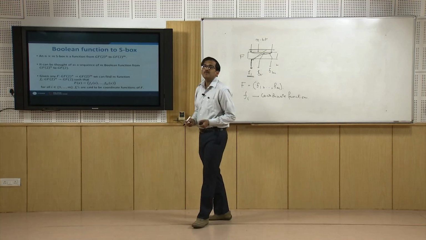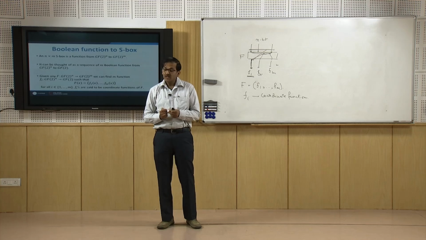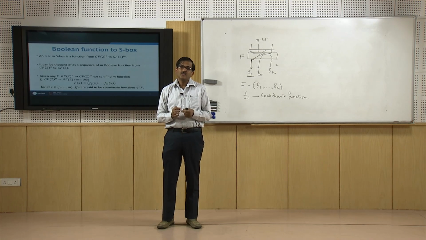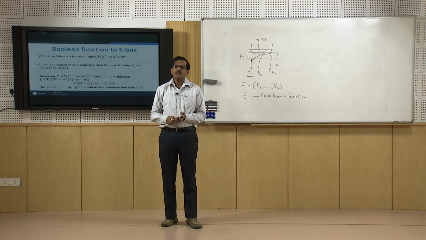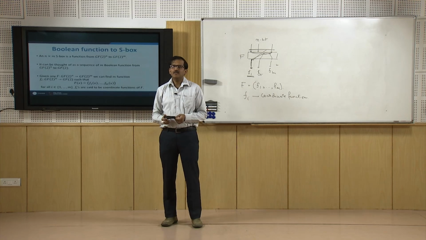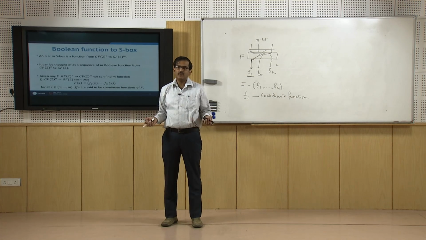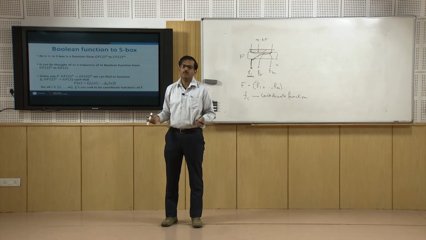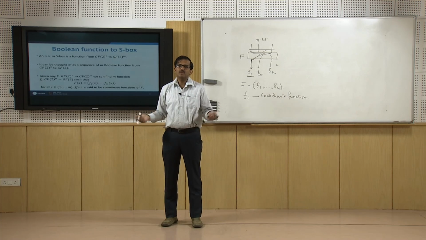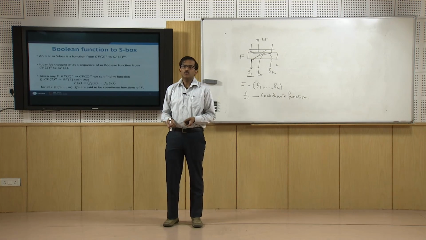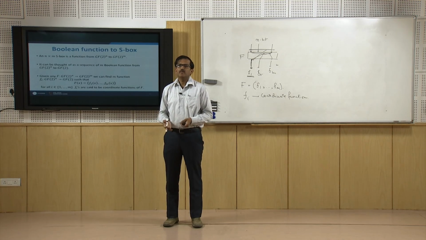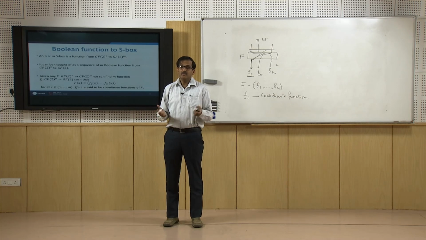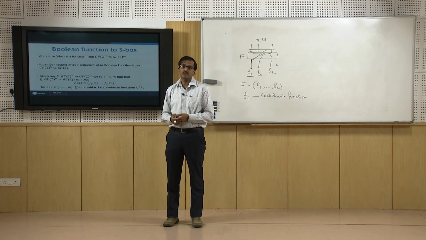Now, what one would presume is that if we have to have a good S box, then its coordinate functions must be good, in the sense that they should have cryptographically good properties, like possibly good nonlinearity, which will make it difficult to approximate by linear functions.